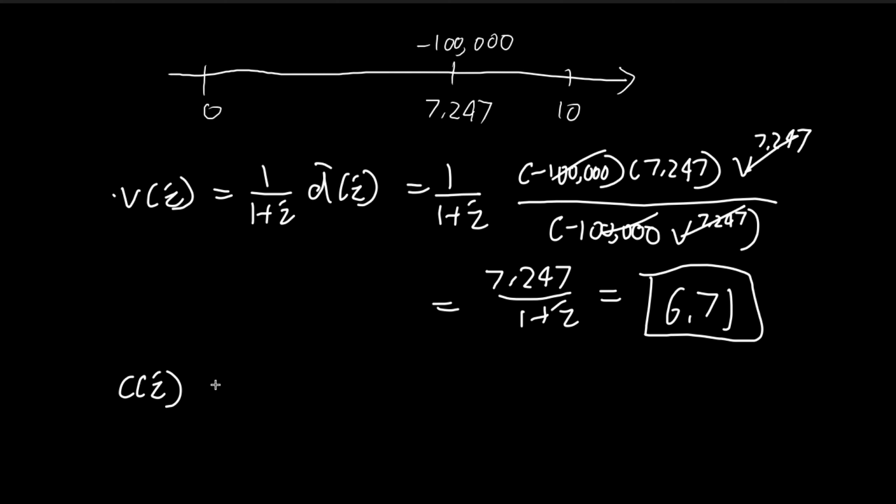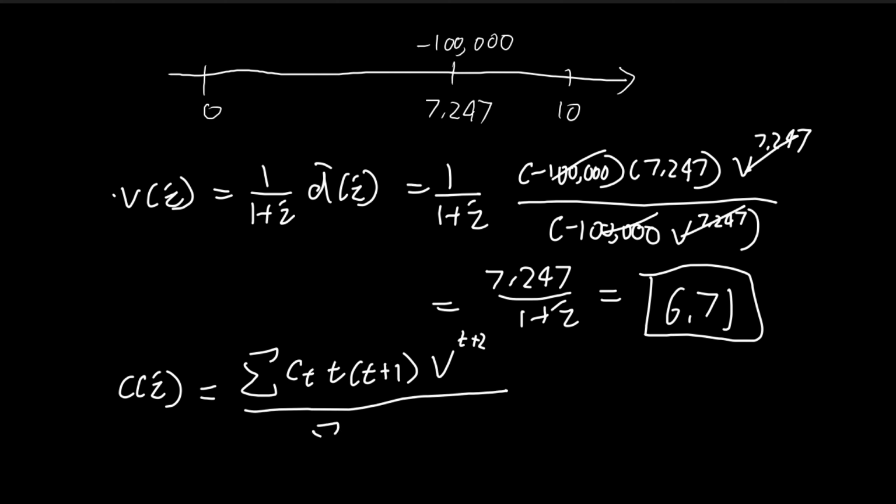Now we also need to find the convexity. Always remember the formula, so it's easier to write out first. You have the cash flow times the time t times t plus 1 times the discount factor to the power of t plus 2, divided by the present value of everything. In this case, it's simple enough. The cash flow is negative 100,000.